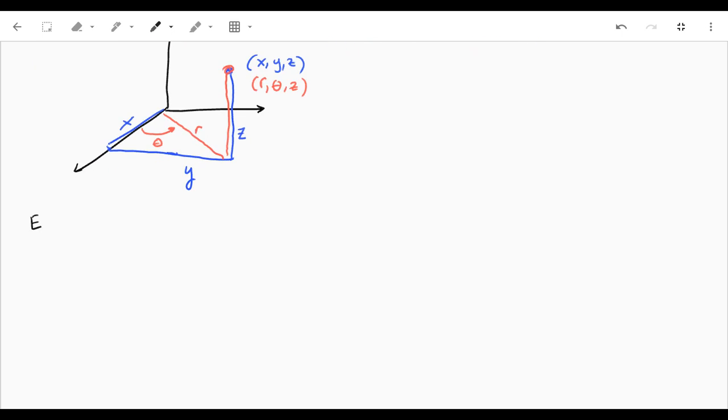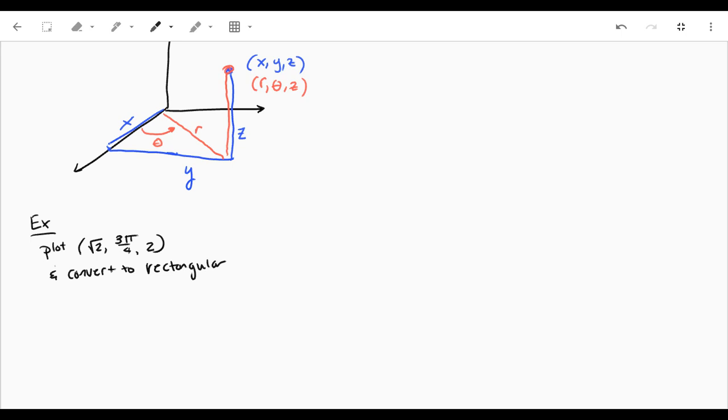Let's do an example. Plot square root of 2, 3 pi over 4, 2, and convert to rectangular. Those are clearly cylindrical coordinates.